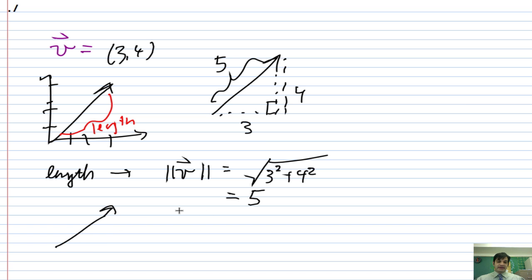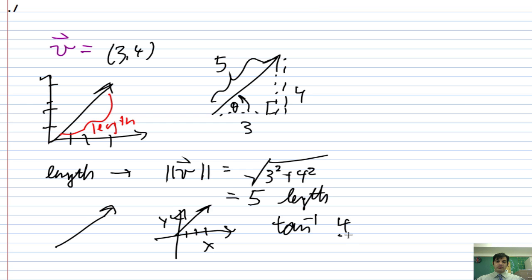So again, suppose I go over an amount x and up an amount y. I'm going to give you the formula. Basically, this thing here is the length of the vector. And if we wanted to get the angle that the vector points at, that's the angle theta here. For those of you that know trig, that would be the inverse tangent of 4 over 3.